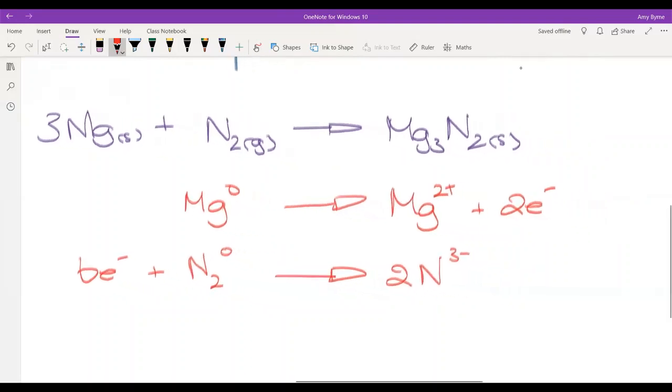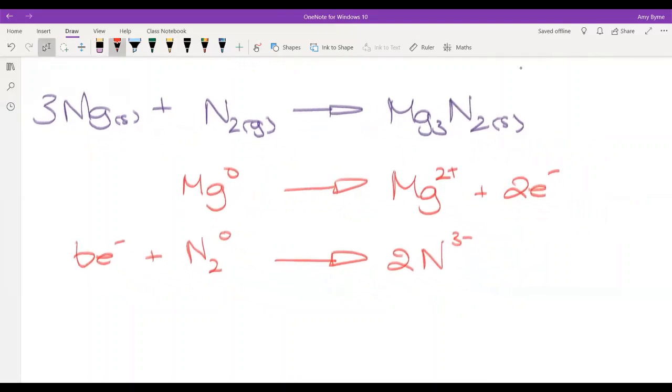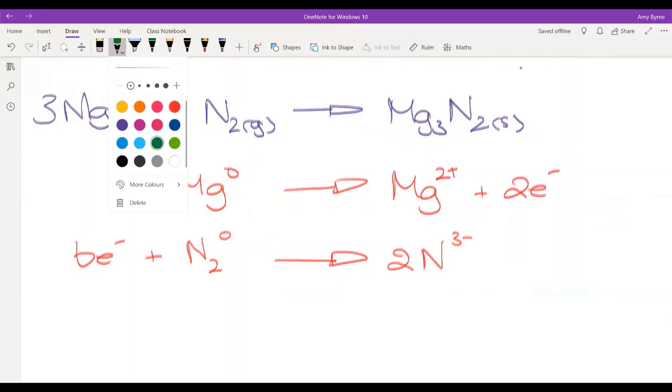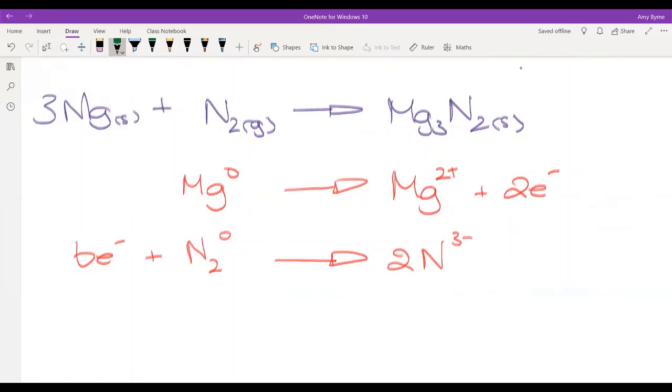So which one is my oxidation and which one is my reduction? Oxidation is the loss of electrons. So this is my oxidation and this is my reduction. You always have to have one thing gaining electrons and one thing losing electrons.